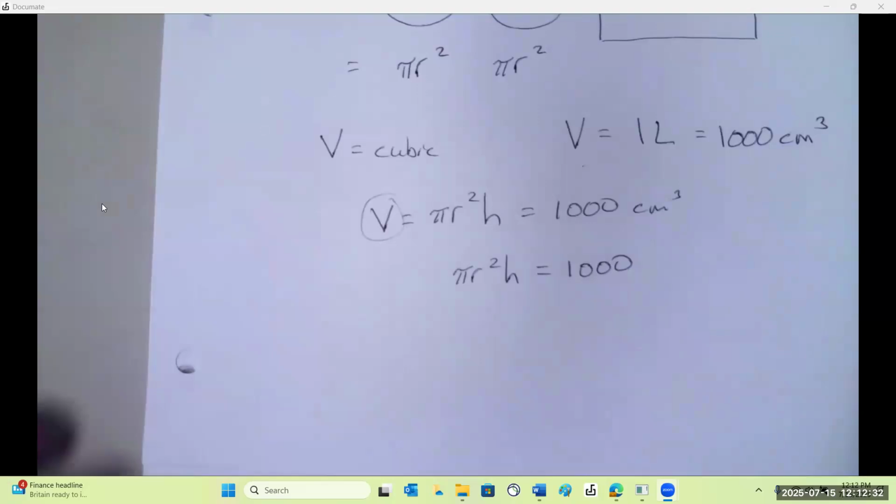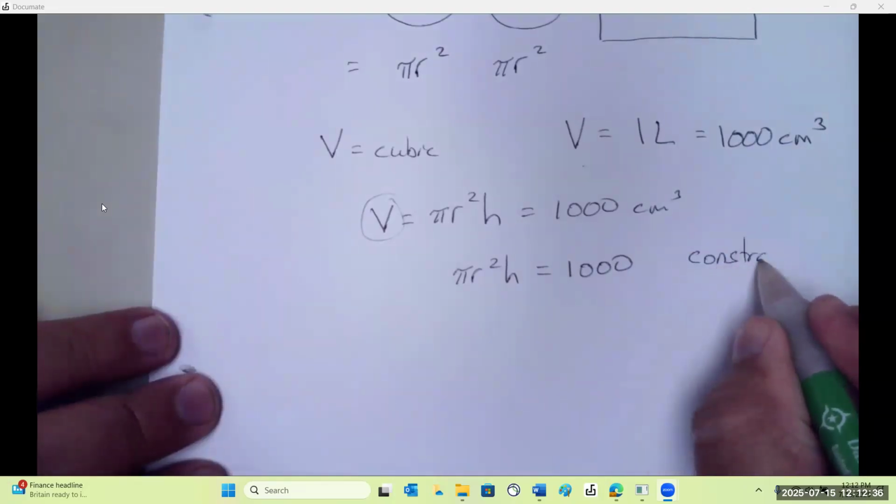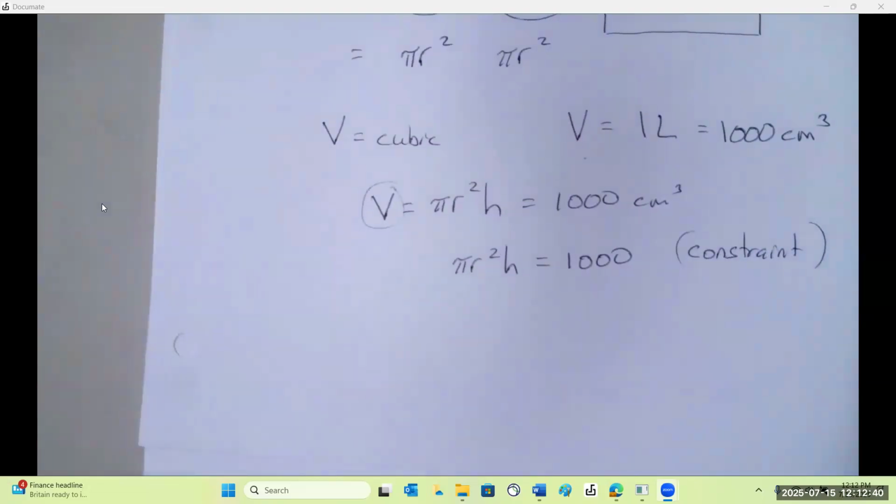This is important. This is what we call our constraint. Remember in the last one we had a domain? This is in essence the domain of this one. Because this tells us where our boundaries are.